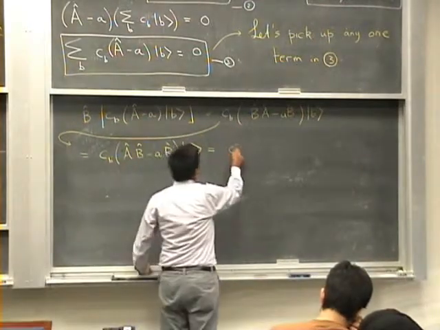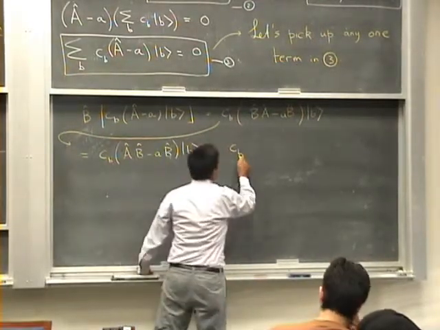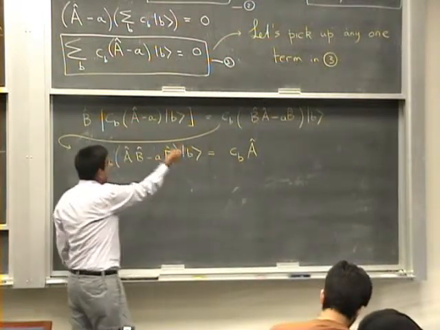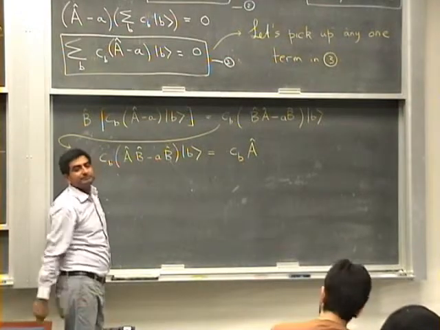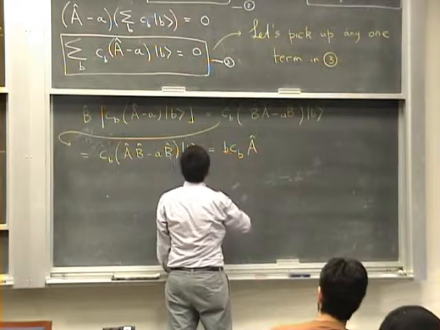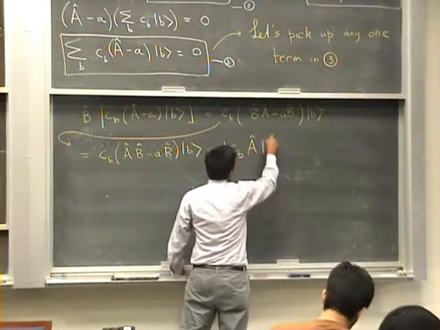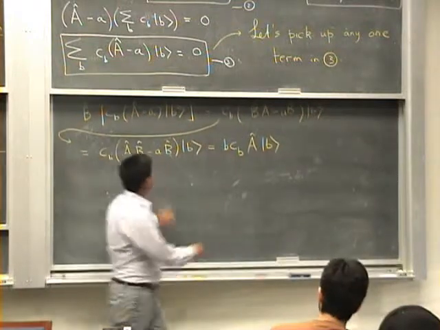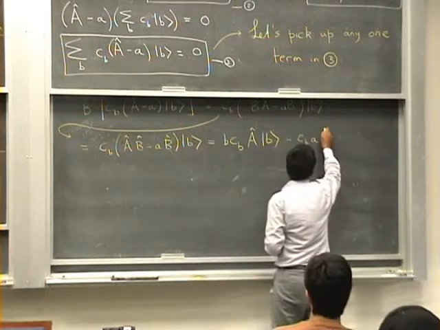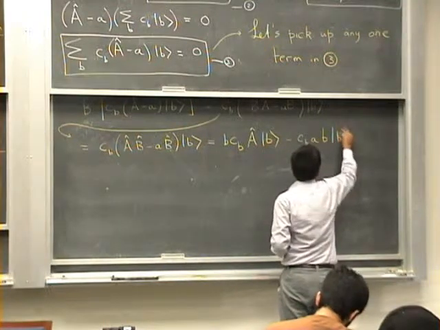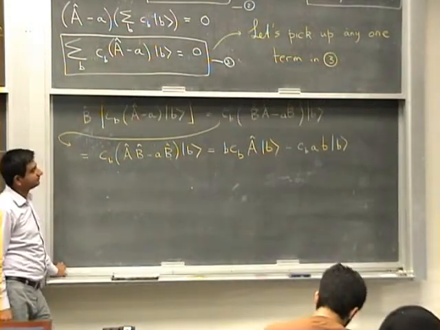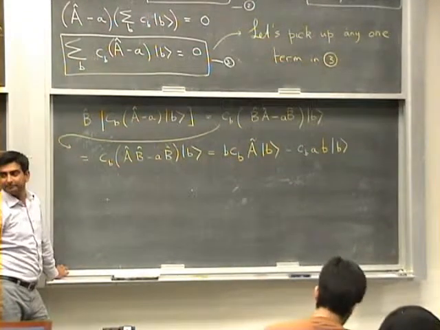Now CB into A operator. Now B operator acting on B. Since B is an eigenstate of B, I get back B with the coefficient small b, which is an eigenvalue, minus CB A, B acting on B gives me B. Okay?